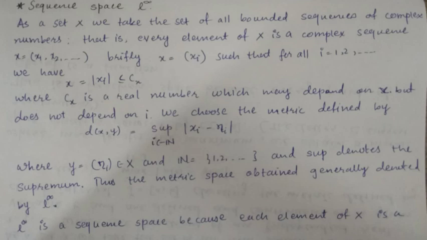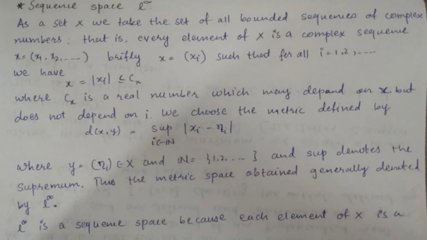This is the definition of a bounded sequence, which we have learnt in BSc, semester 3 or 4 I think. And if I define the metric as dxy equal to supremum of modulus of xi minus eta i, where i is in the set of natural numbers.